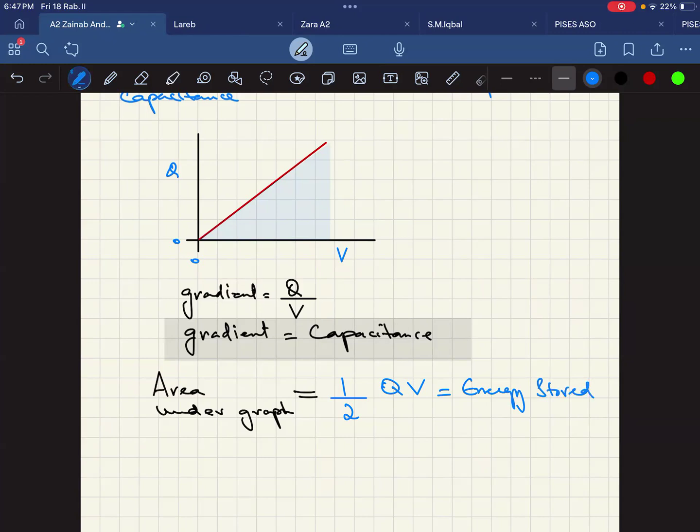We can show it as well. We can prove it. Even I'll ask you people to prove it, that energy is the area under the QV graph.